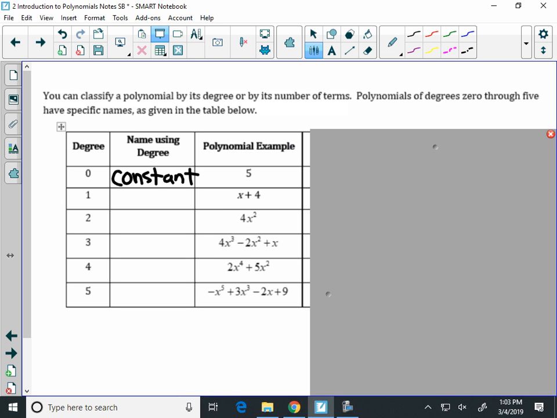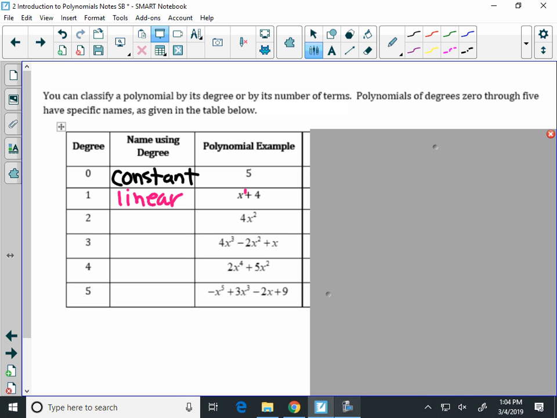Remember, degree is the highest exponent, so x to the first would be degree 1. If you graphed this, what would it make? A line, so it's a linear function. Degree 1 polynomials are called linear.